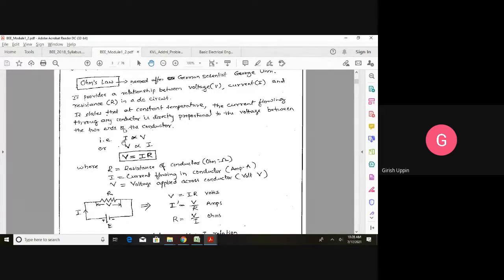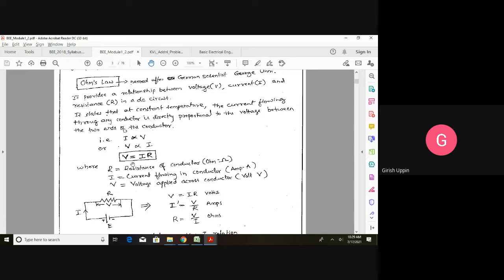Even though we write it as I proportional to V or V proportional to I, don't write the statement based on V proportional to I. You have to remember I proportional to V, which means the current flowing in the conductor is directly proportional to the voltage across its ends. That is Ohm's law.